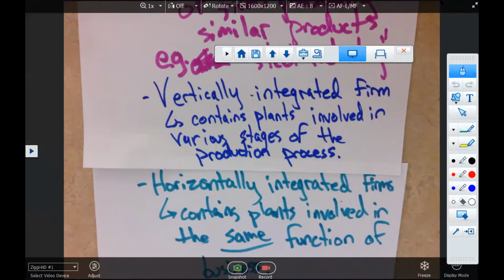It's a bunch of the consumer staples that we buy. They have a brand name that's targeted to us, whether it's male or female or whatever segment of the population we are. But it's all pretty much the same stuff, just scented, pushed out by Procter and Gamble and one other firm, I think. Can't even remember, because they're so huge. They have so much of the market share. So that's horizontally integrated.